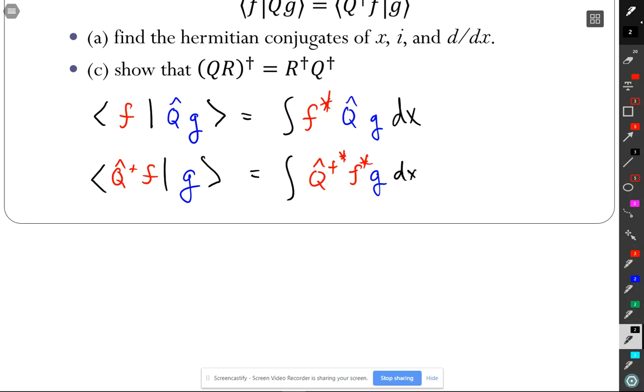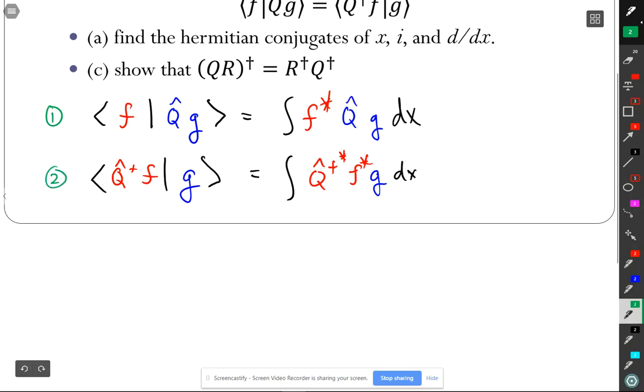So I'm just going to take what is this first form. Let's just call this the first form. Let's do the first form for X and then match it up against the second form.